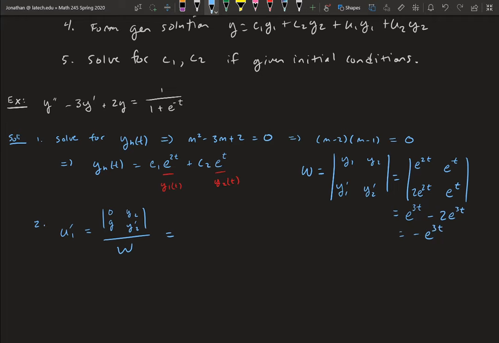So that's going to be the determinant of 0, 1 over 1 plus e to the negative t, over here it's e to the t, e to the t, all over negative e to the 3t. So that's u1 prime.